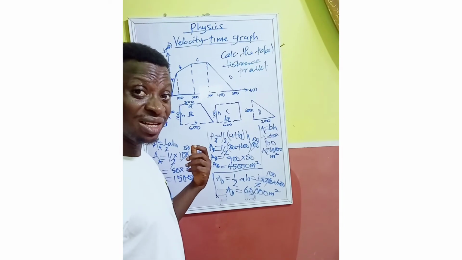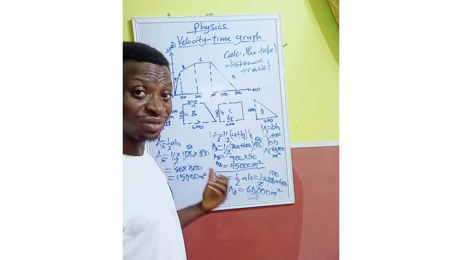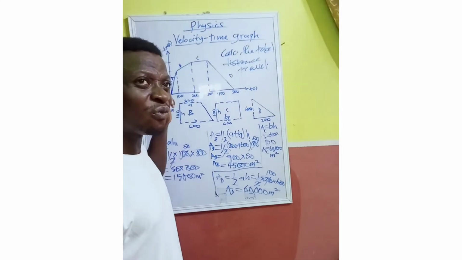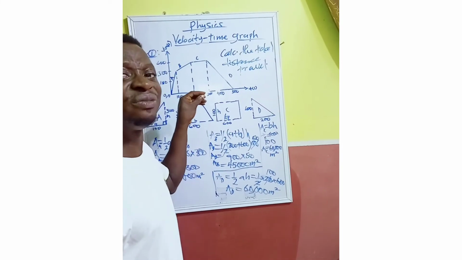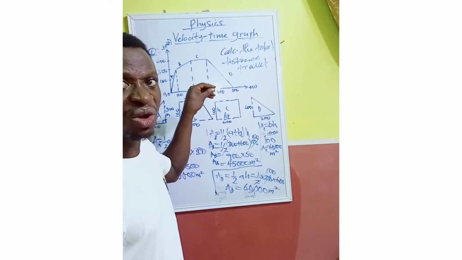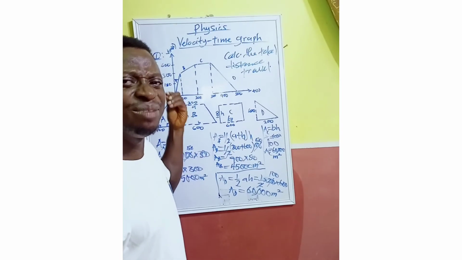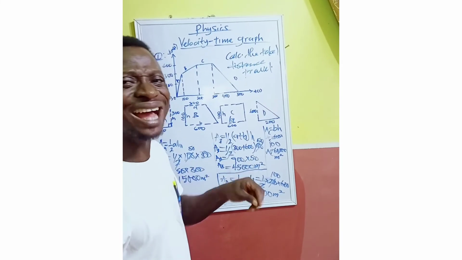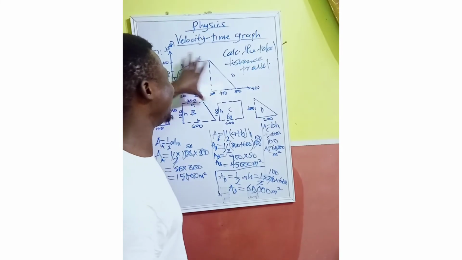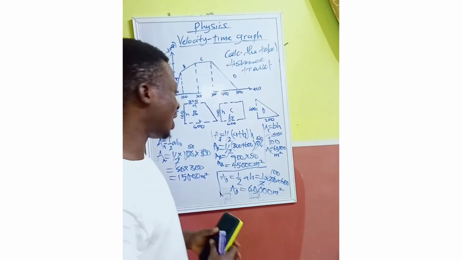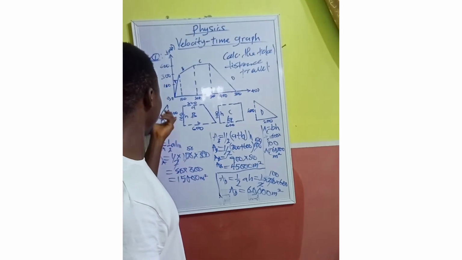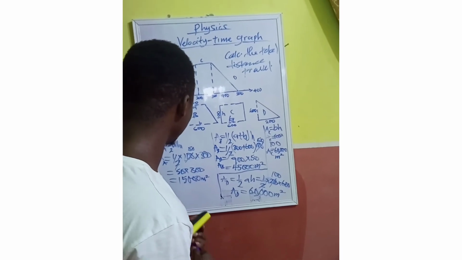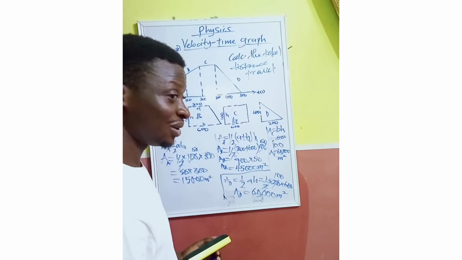I explained earlier when we started the class that the total area of all the images found in the velocity time graph will represent the total distance traveled by the object in this motion. Now we've gotten the value of the first image, the area, to be 15,000. Now what we are going to do is just to sum everything together.